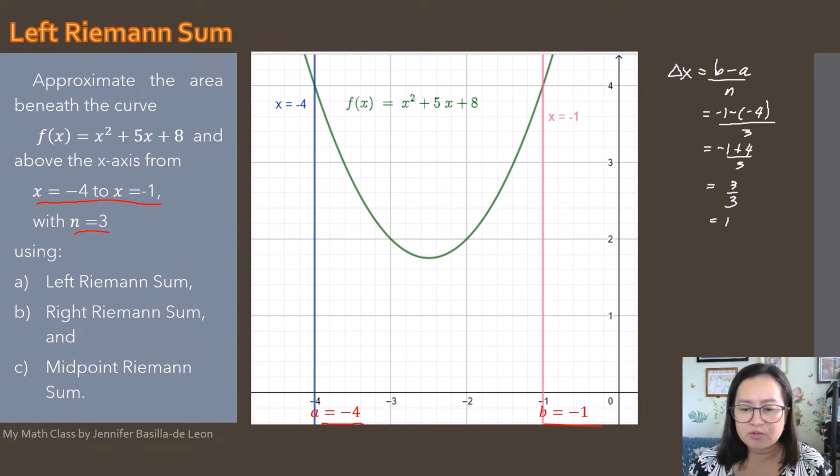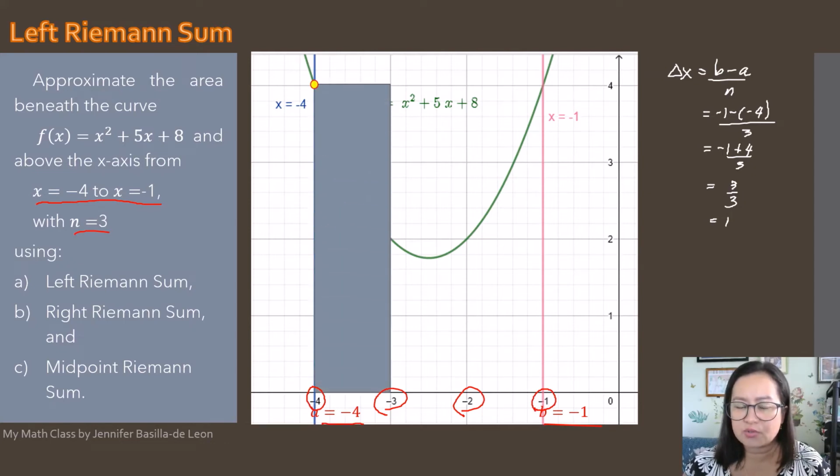So from here, we would be able to come up with 3 subintervals from -4 to -3, -3 to -2, and from -2 to -1. Now let's draw the rectangles. So we will have the first rectangle.